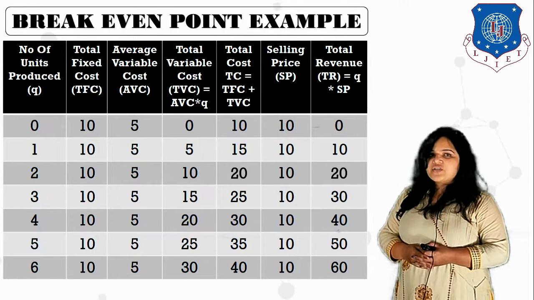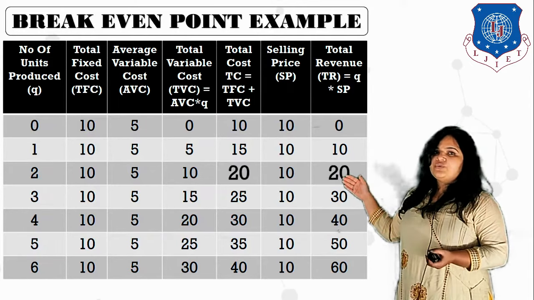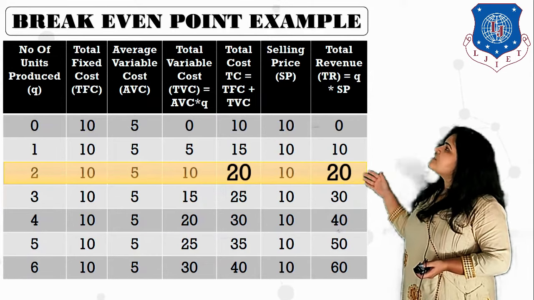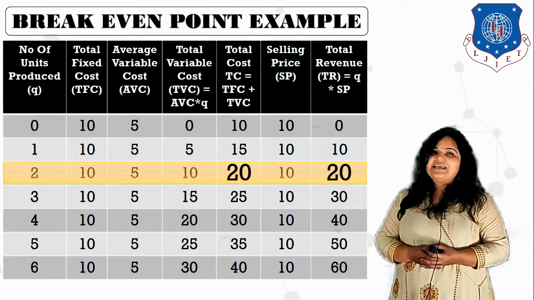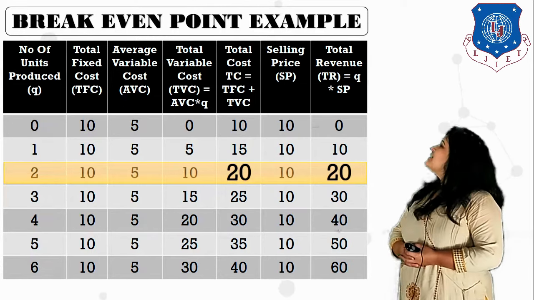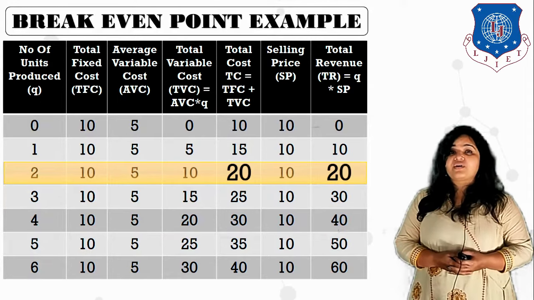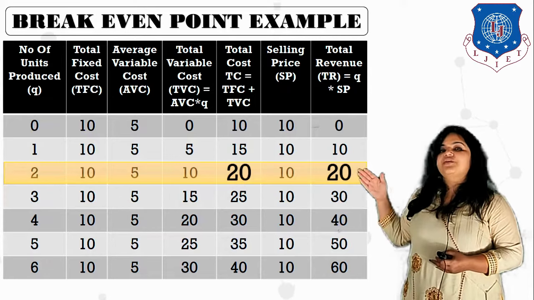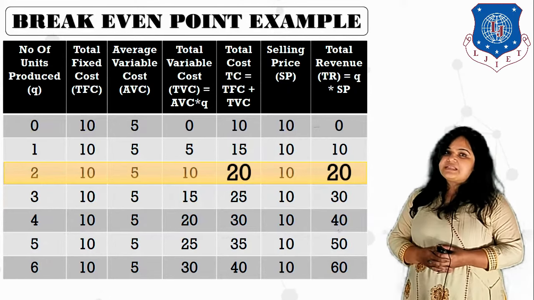If you observe closely, at 2 units, we have our total cost and total revenue equal to 20. Thus, this is the break-even point for our one product, pencils. For my manufacturing unit of pencils, my break-even point is 20 rupees.